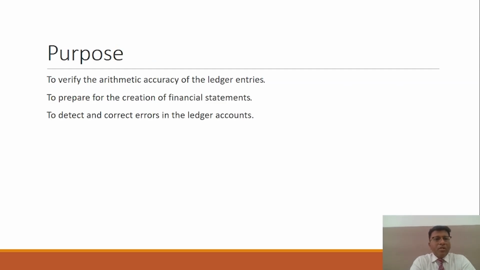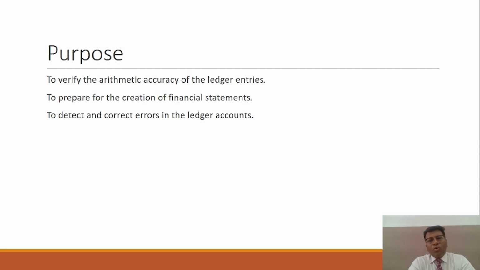Okay. So what is the purpose of the trial balance? First of all, you should be familiar with the purpose of the trial balance: to verify the arithmetic accuracy of the ledger entries. No doubt, as you are maintaining the business transactions in the accounting books in the form of journal entries, those journal entries are posted, and the particular ledger is maintained for that.